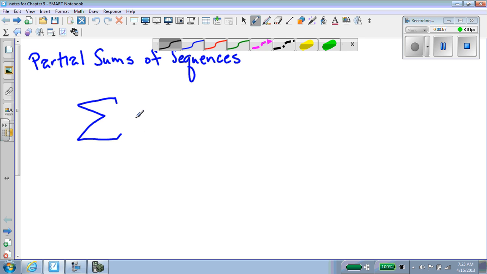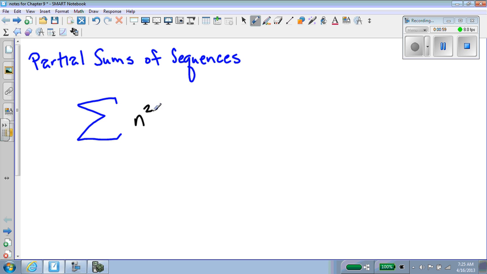So maybe n squared plus 1. And then over here on sigma, we would indicate what we would want you to start with, start with n equals 1 and go to something like 3. So this would say, find the sum of the terms from the first term to the third term of the sequence defined by n squared plus 1.